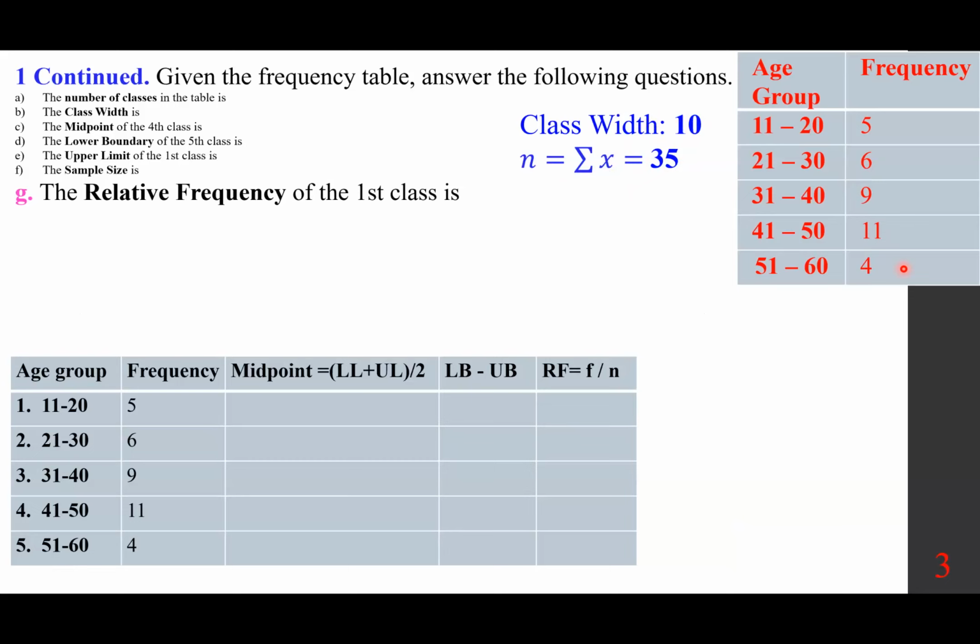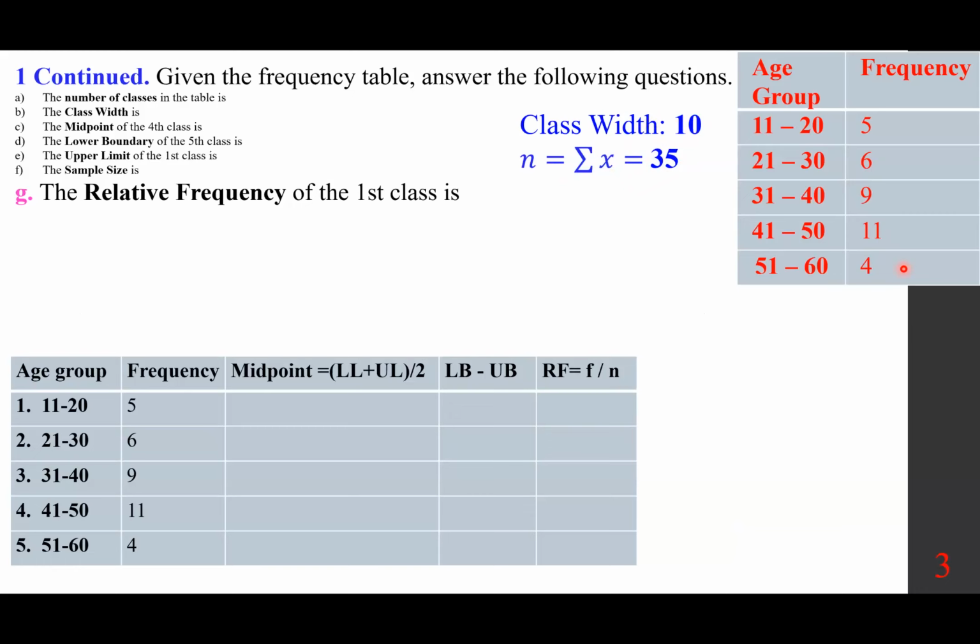So how do we find the relative frequency? By definition, the relative frequency is RF equals F over N.